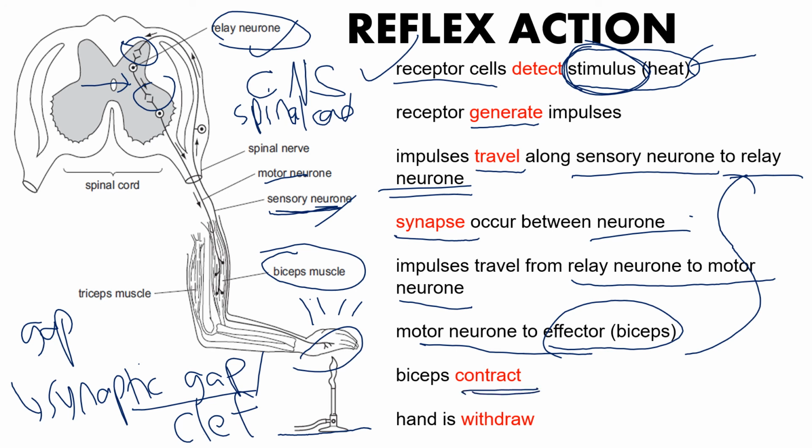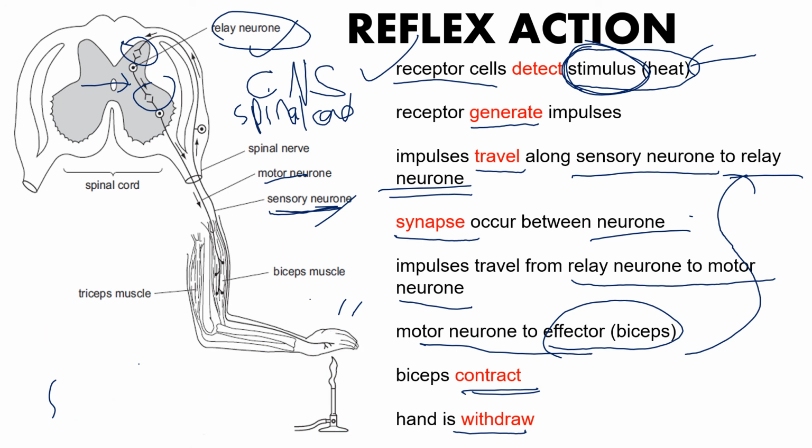Why does the bicep need to contract? Because it needs to withdraw the hand. So the response would be the hand will be lifted away, and then the person does not feel the pain anymore. Why can the hand be lifted away? Because the bicep muscle receives the impulse.